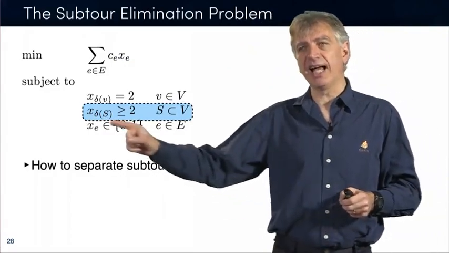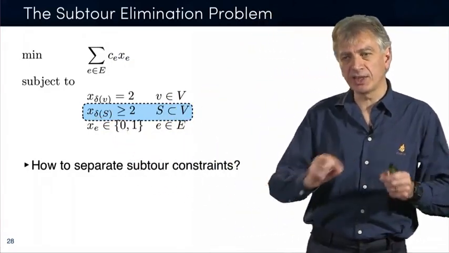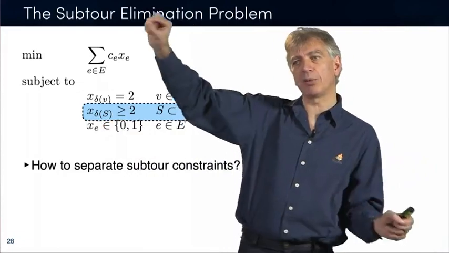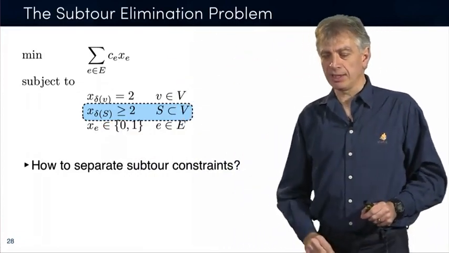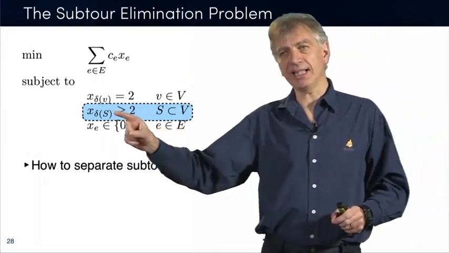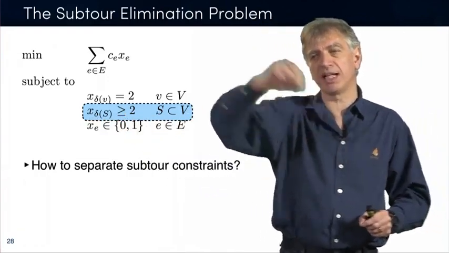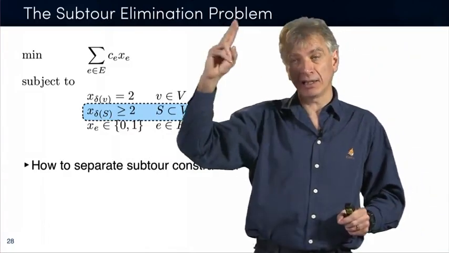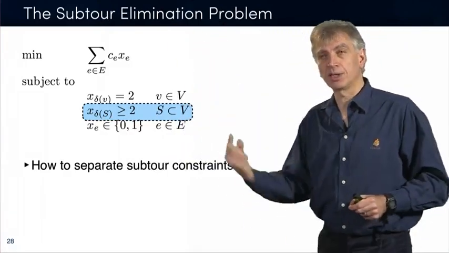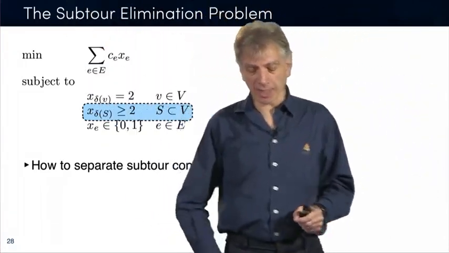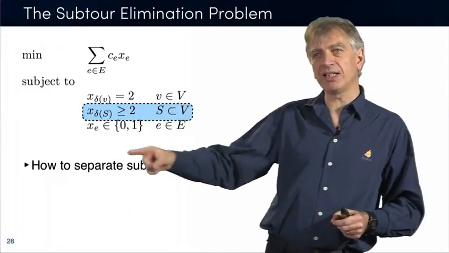I took a set S, and delta S is the set of edges where exactly one endpoint is inside S and the other is outside. What I'm saying is that the sum of the edges with one endpoint in S and the other outside has to be greater or equal to 2. Which means I have to get in and then I have to get out. So that's how you can re-express it.